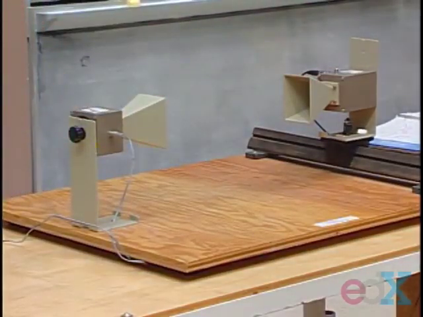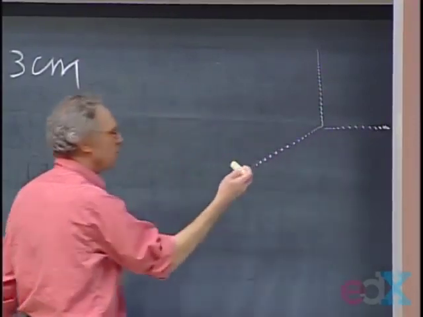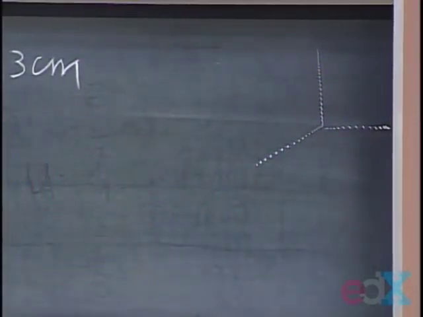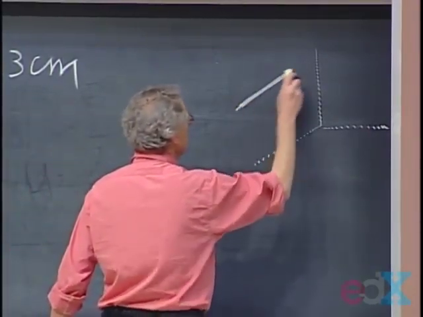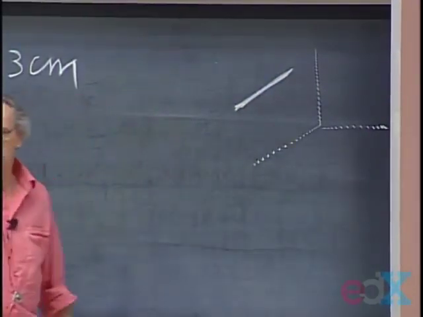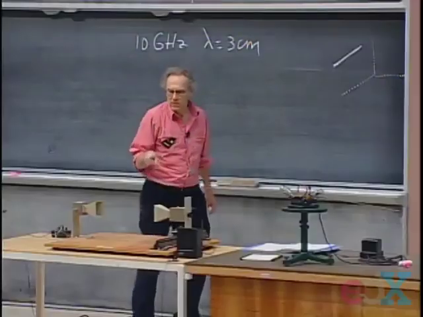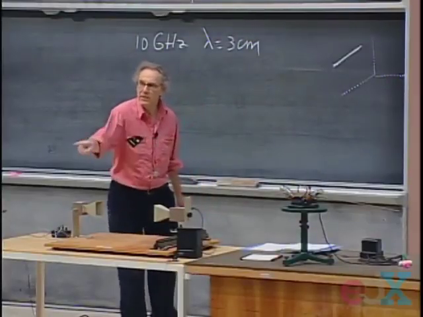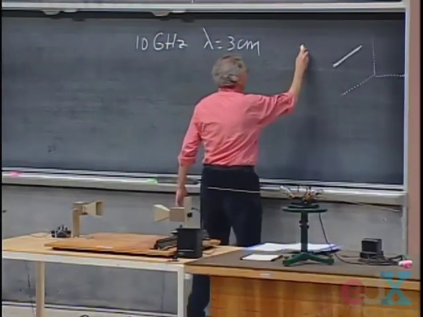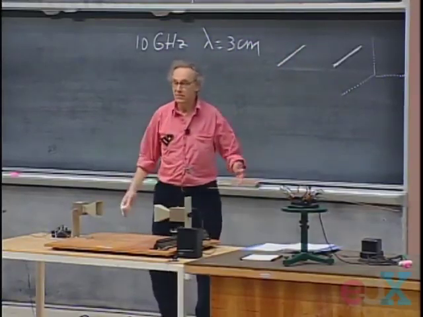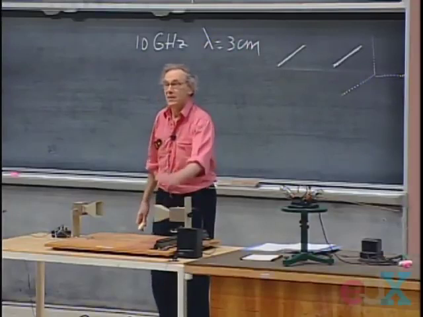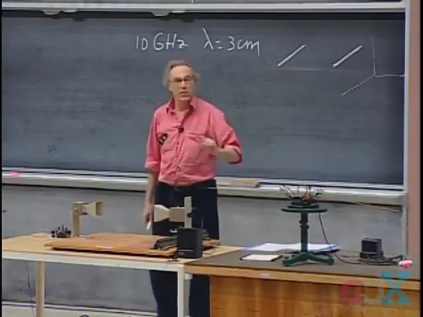If I give you a 3-dimensional picture, this is my coordinate system, this is coming straight out of the blackboard to you, that's what I meant by this, then the transmitter is aimed like so, just like this. Current is going to be oscillating like this. And the receiver, think of this as my radio, which is receiving, is here. And the antenna of the radio is also in this direction.